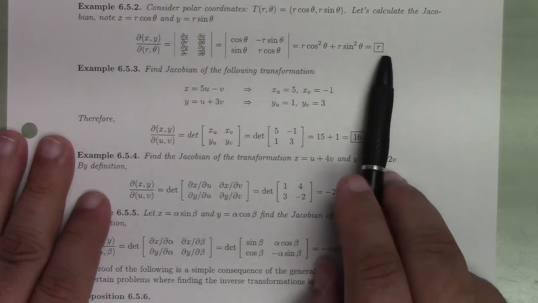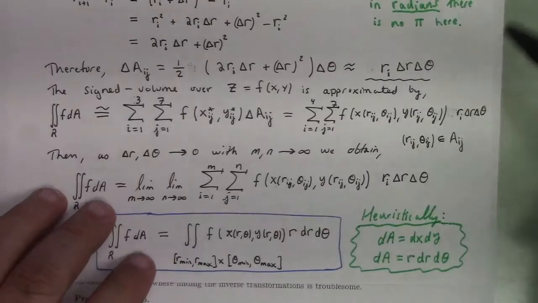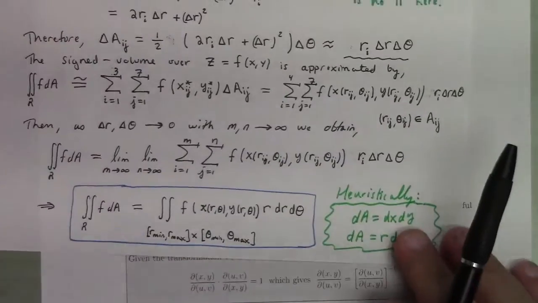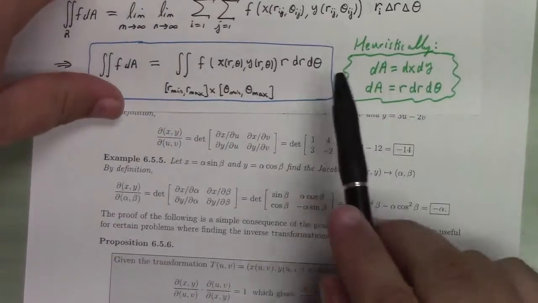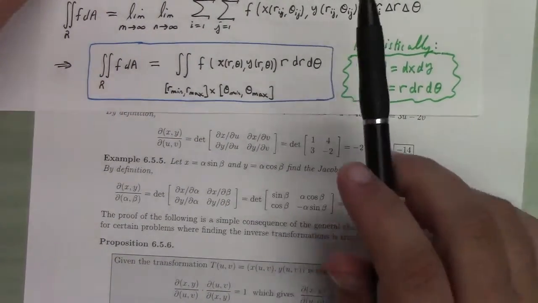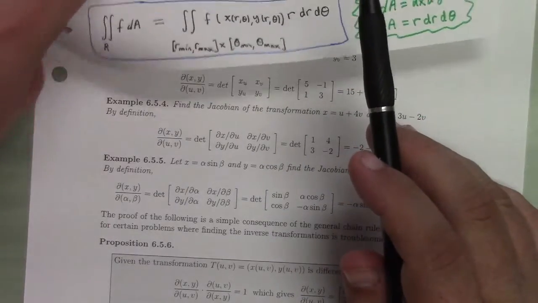Hey, that's exactly the r we saw back over here. This r is the Jacobian of x y with respect to r theta. That's the significance of that r.